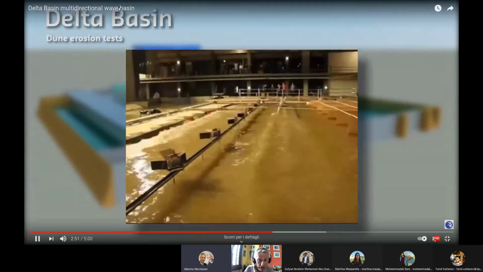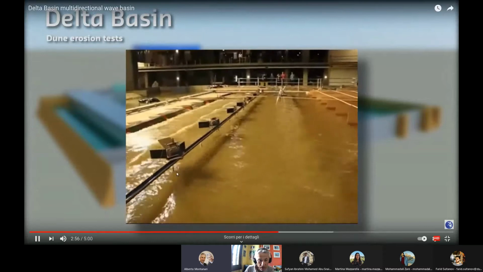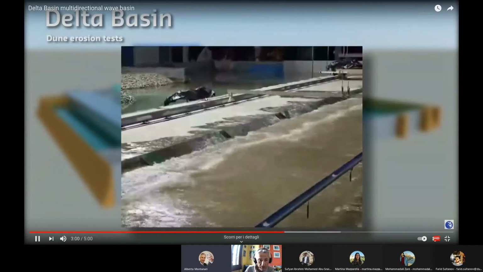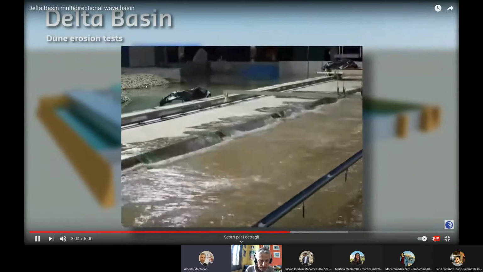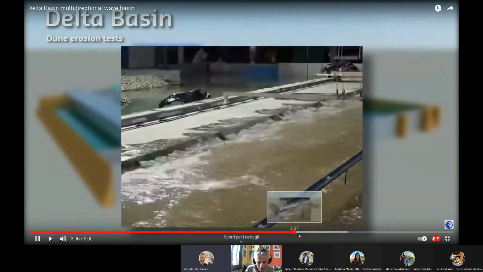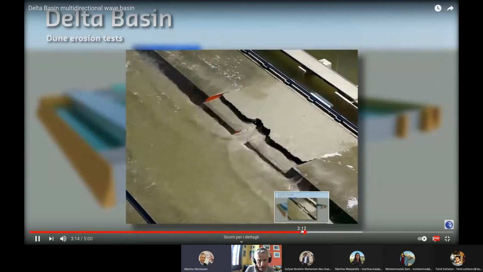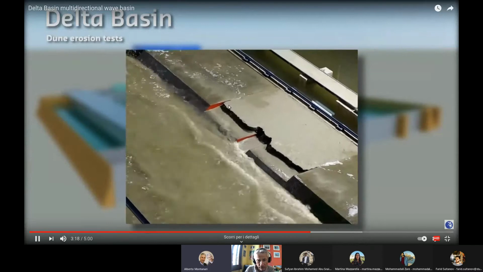And here you see an overall view. You see that there are several sensors here to monitor the wave height and the wave forcing. And here they are testing another kind of defense. Let me move forward. You see, they are trying to assess the resistance of this defense.